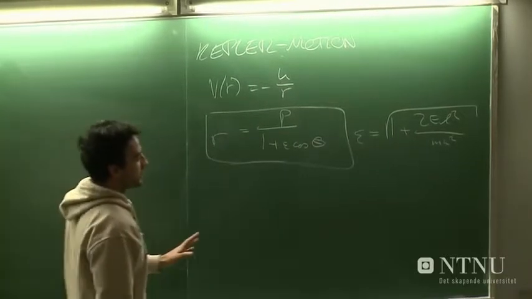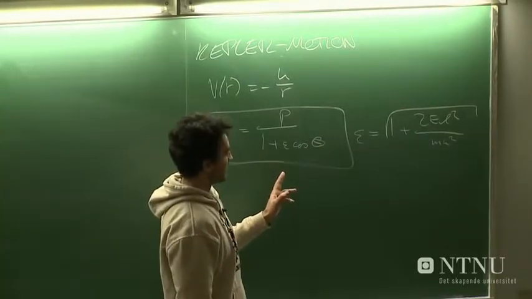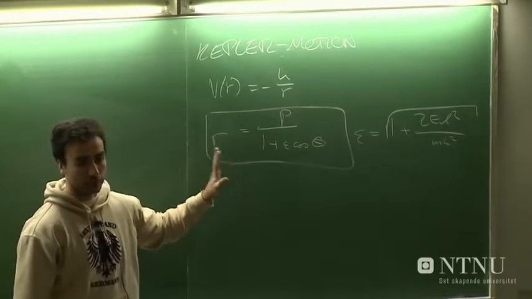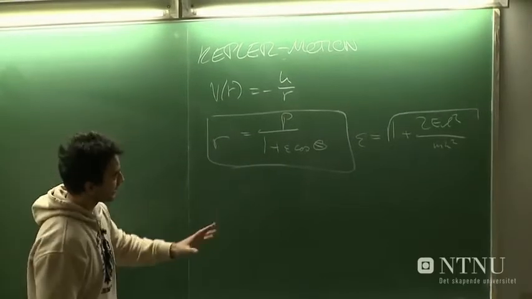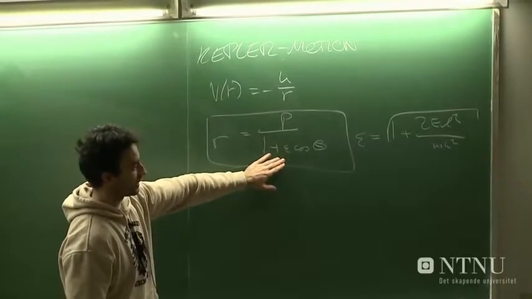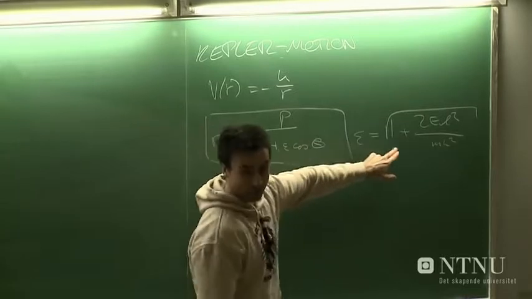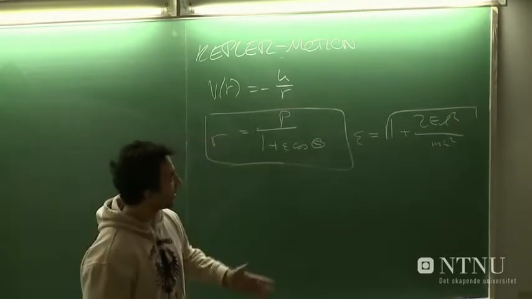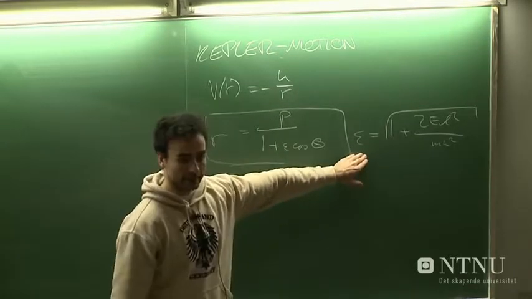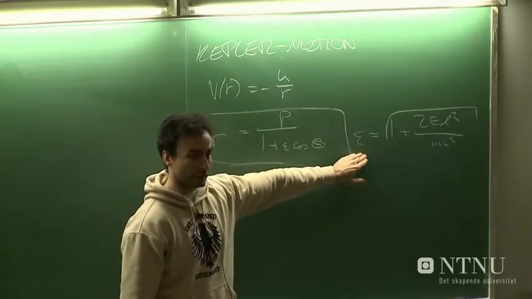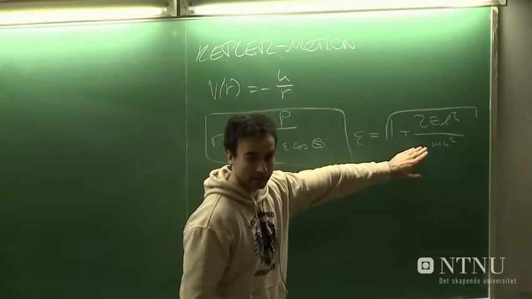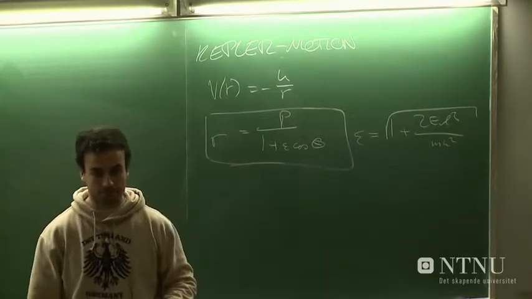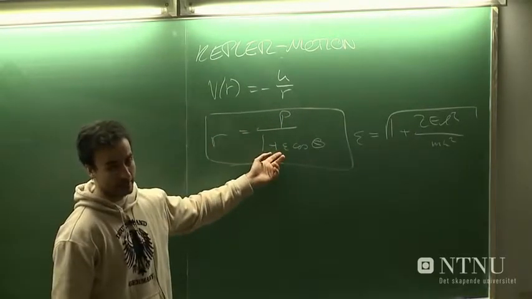And what I would like to point out here is that the trajectory, this equation describing how the radius depends on the angle, only depends on two parameters, so that all of these original parameters, energy, angular momentum, mass, strength of potential, are all combined into this eccentricity. This is quite a powerful argument because it means that it's only the eccentricity that matters.